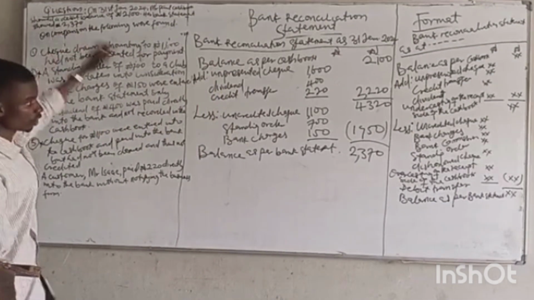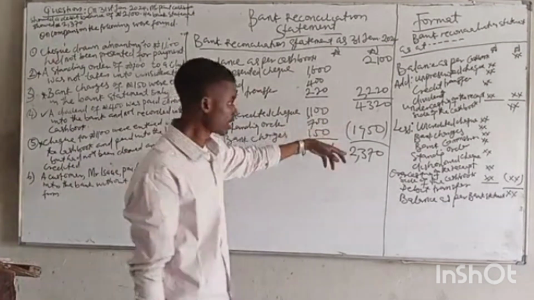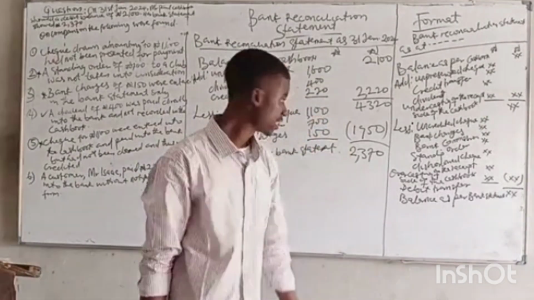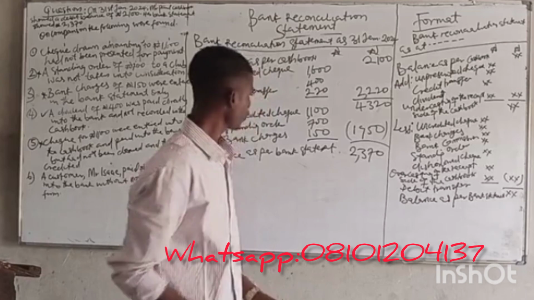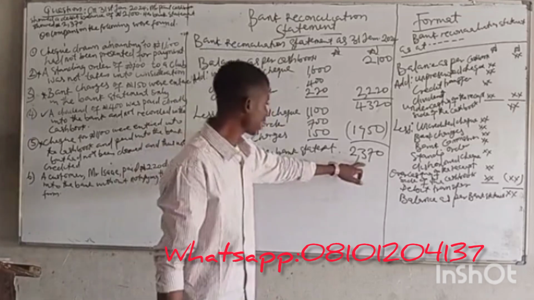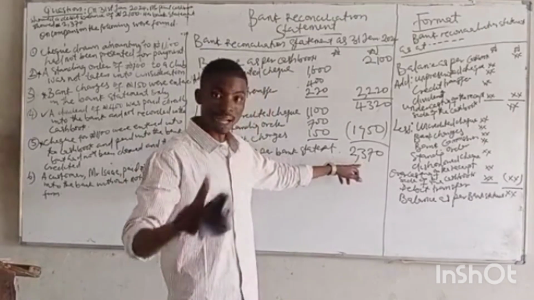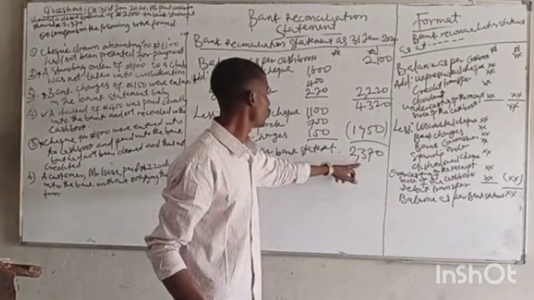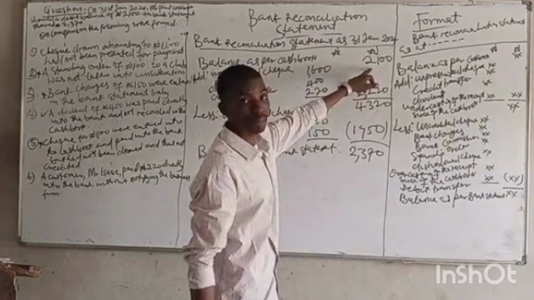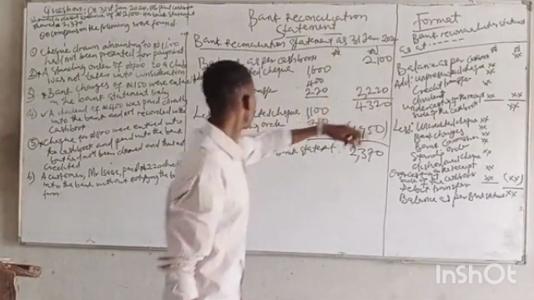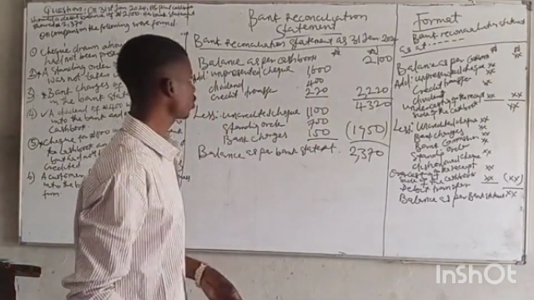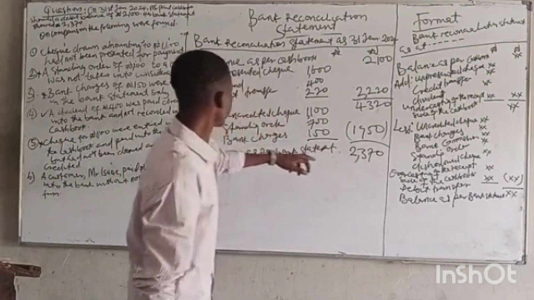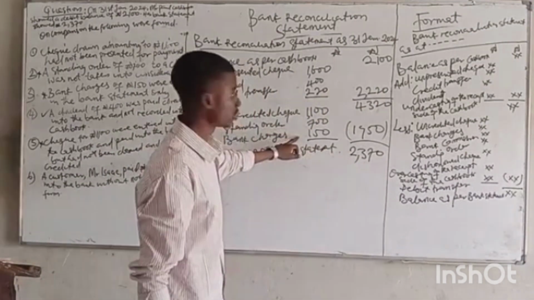showing that what we did is correct, that we have corrected the causes of what? Causes of the differences. Assuming that if I decided to start at balance as per bank statement, if I did everything correctly, I should have arrived at balance as per cash book. If we should try it, what you need to do is to start with balance as per bank statement, and then you add the following.